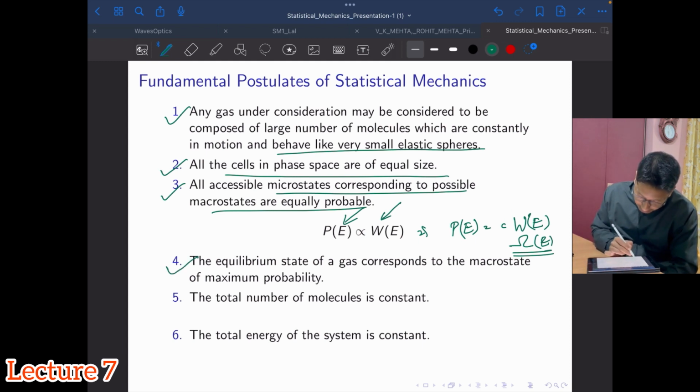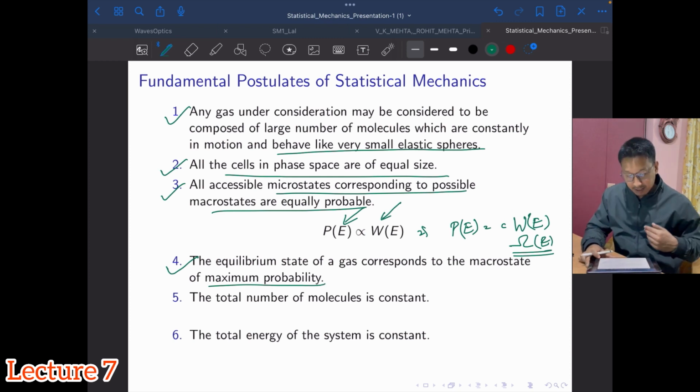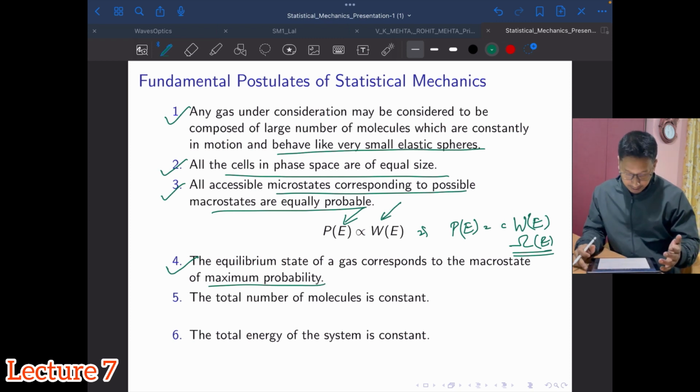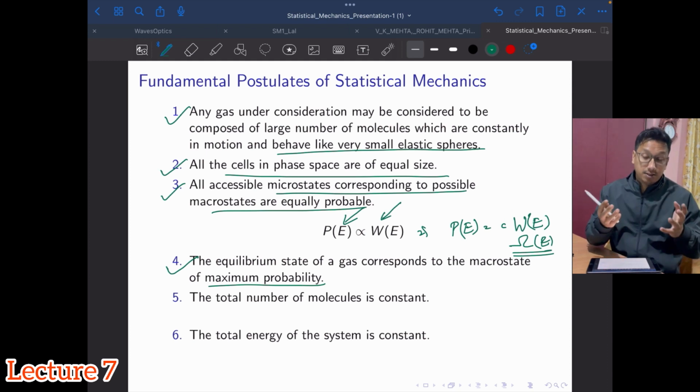The next postulate: the equilibrium state of a gas corresponds to the macrostate of maximum probability. We have discussed this in earlier videos, where we said that the most probable state is the state which has the most microstates, and the system will take up that macrostate in equilibrium.